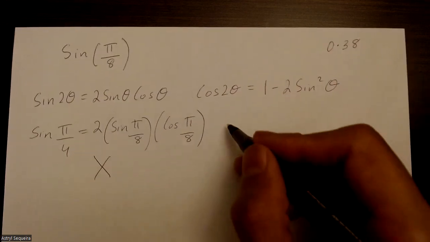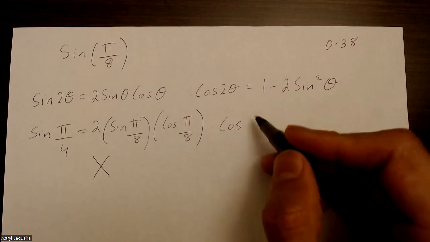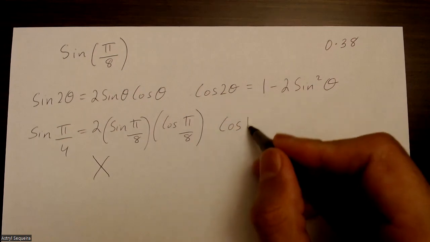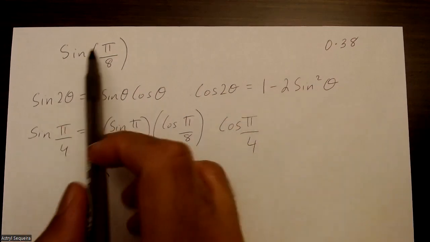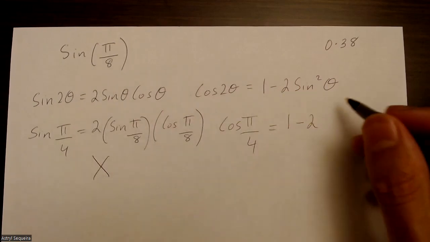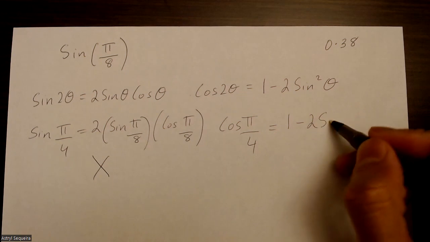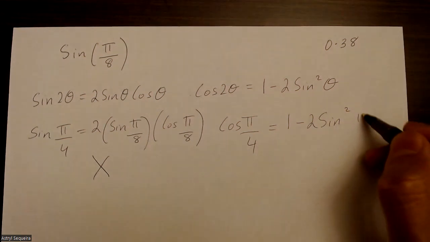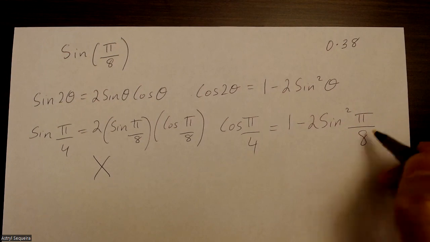Which means I have to use this one, cos pi over 4, basically 2 times pi over 8, equals 1 minus 2 sine squared pi over 8.